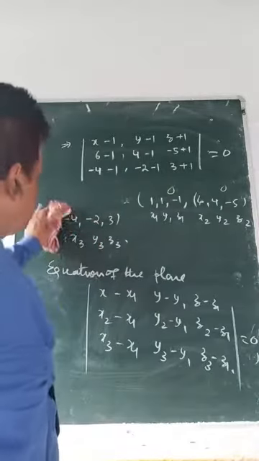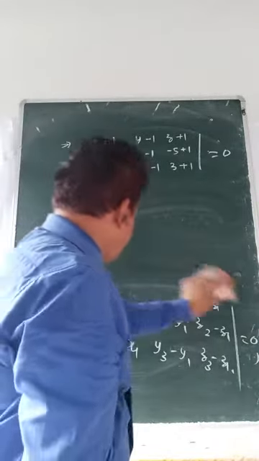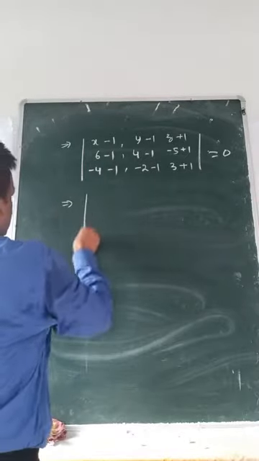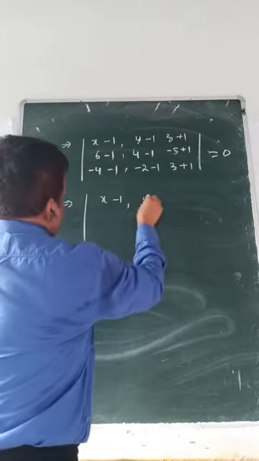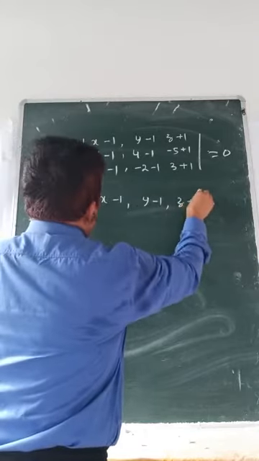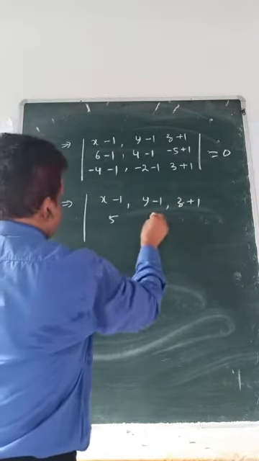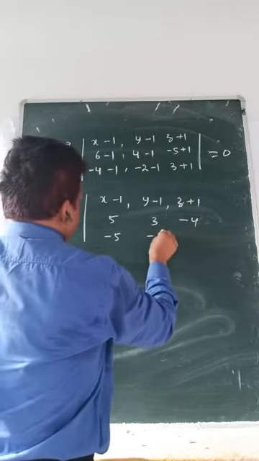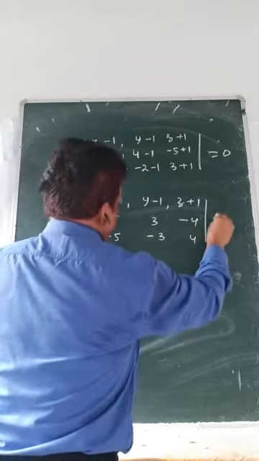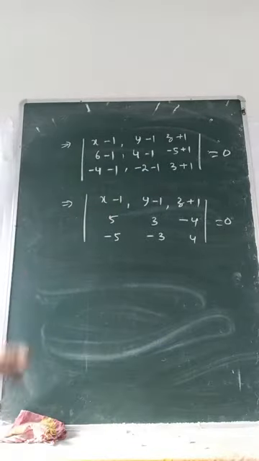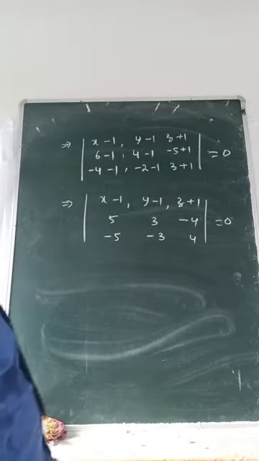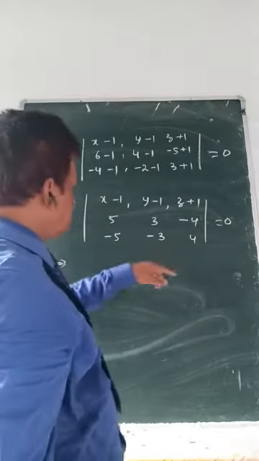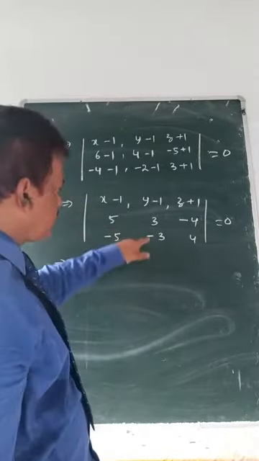So let's simplify it. x minus 1, y minus 1, z plus 1; this is 5, this is 3, this is minus 4; minus 5, minus 3, 4, should be 0. Okay? If you expand it, everything becomes 0 because you find these two rows are proportional.